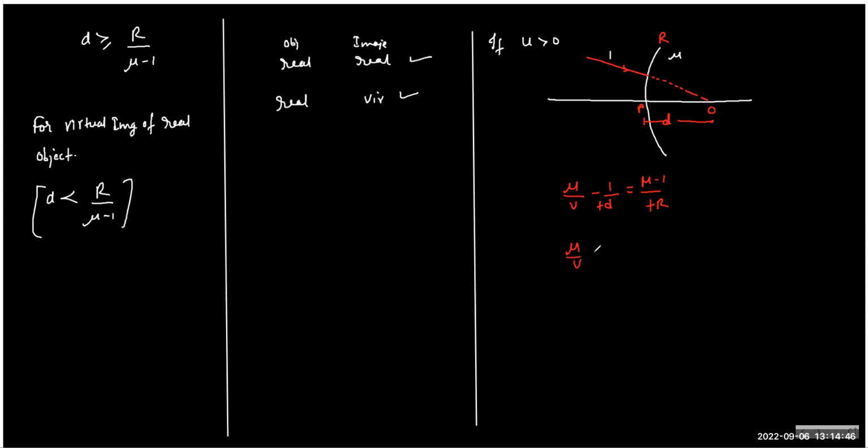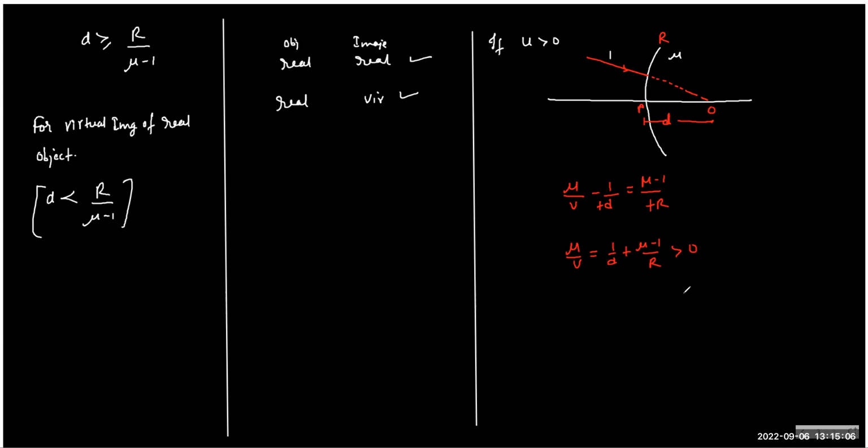So mu2 by V is how much? 1 by D plus something, because mu is more than 1, R is positive, D is positive, the entire term is positive, isn't it?